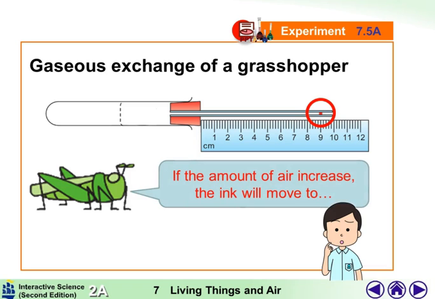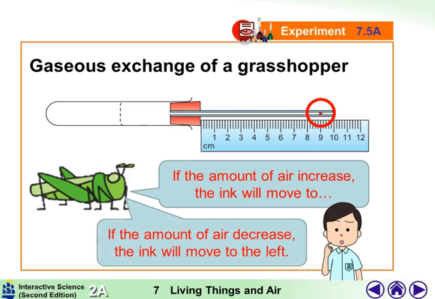If the amount of air increases, the ink will move to which side? To the right-hand side. If the amount of air decreases, the ink will move to the left. See? Okay.